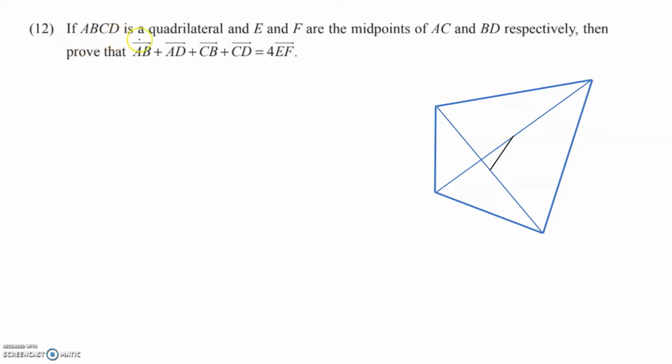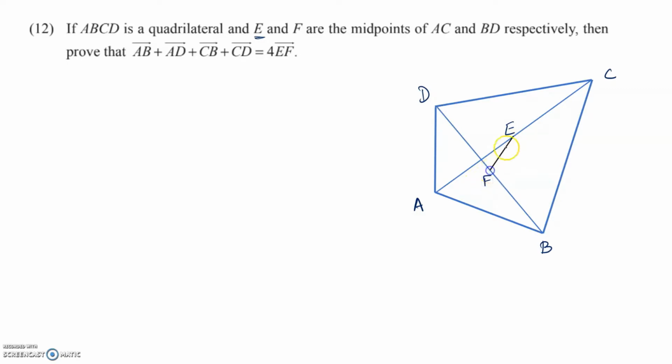So if ABCD is a quadrilateral and E and F are the midpoints of AC and BD, so we're going to define the quadrilateral A, B, C and D, and our point E is the midpoint of AC, and F is the midpoint of BD.